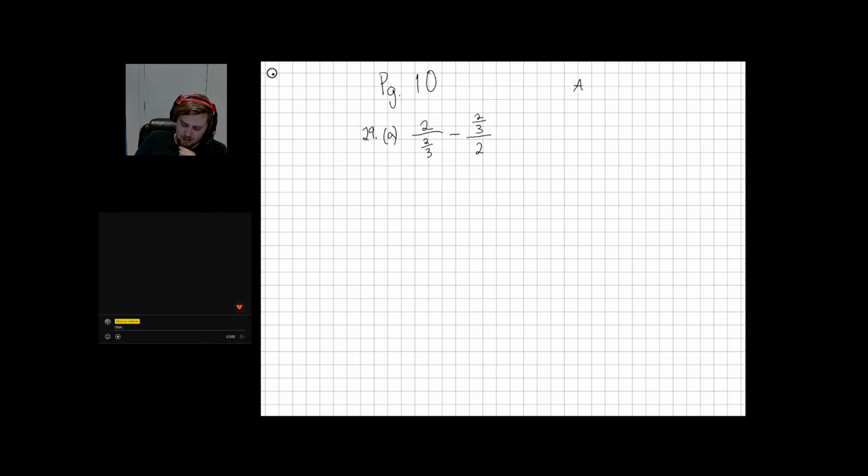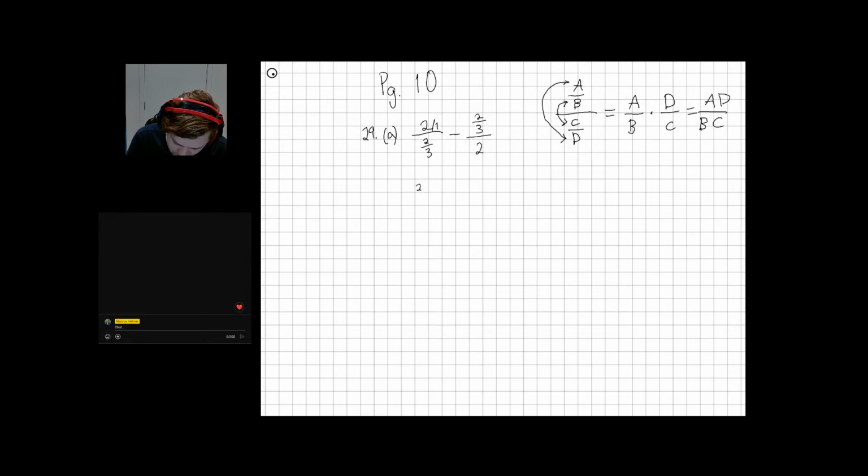Because if we have a over b divided by c over d, this just becomes a over b times d over c. You flip them. So then it becomes AD over BC. Easy. Okay. So 2, that's just 2 over 1, right?